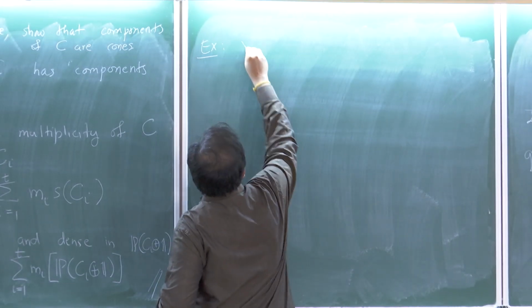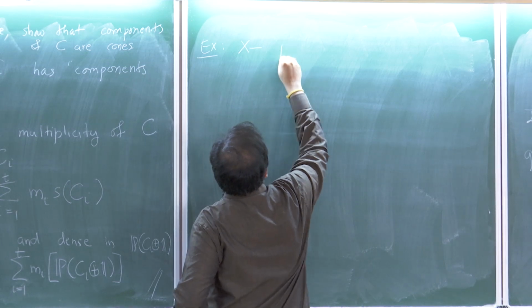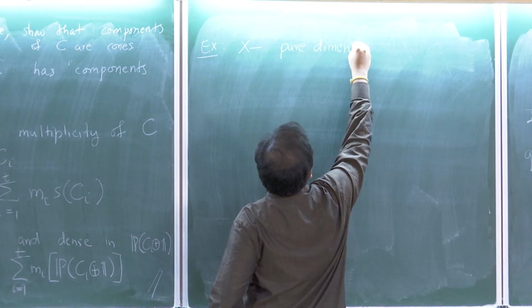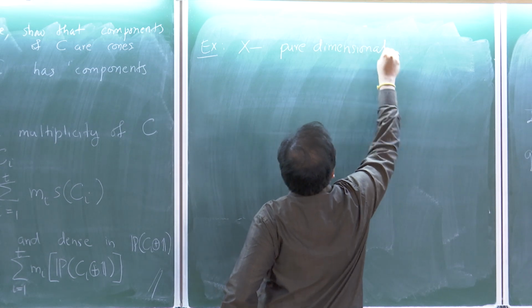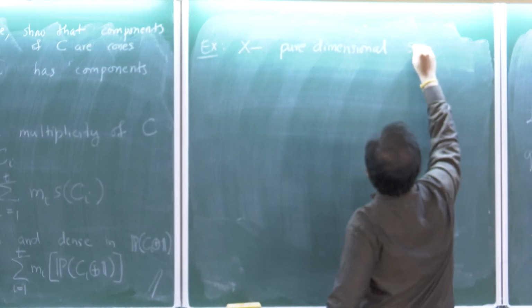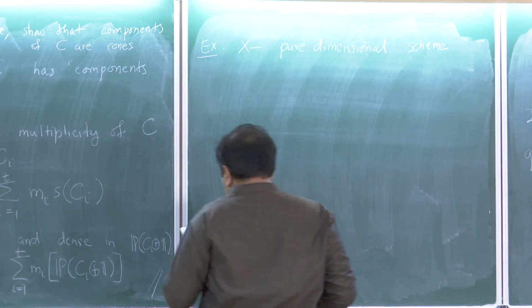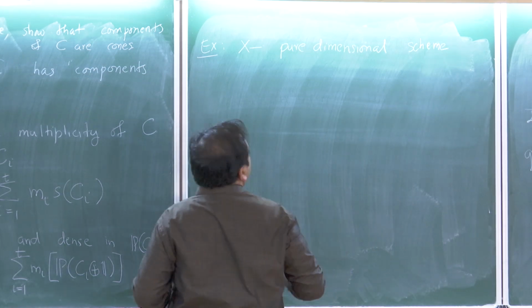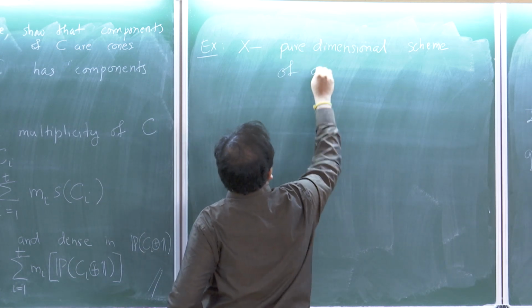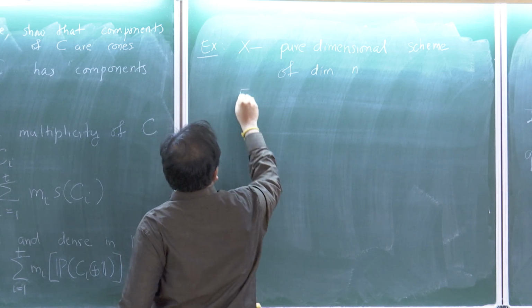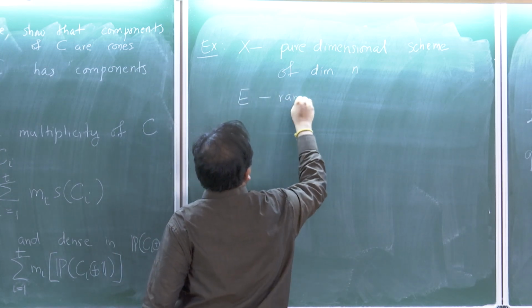Let's say that X is a pure dimensional scheme, so all the components are of the same dimension n, and E is a rank r vector bundle.